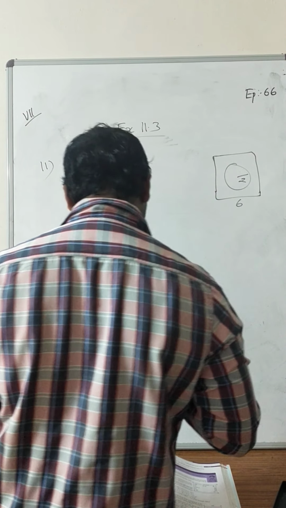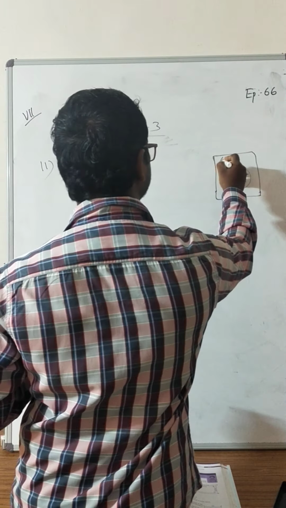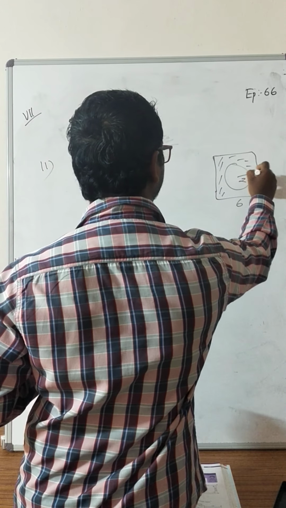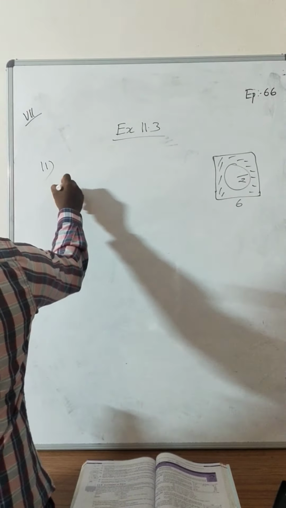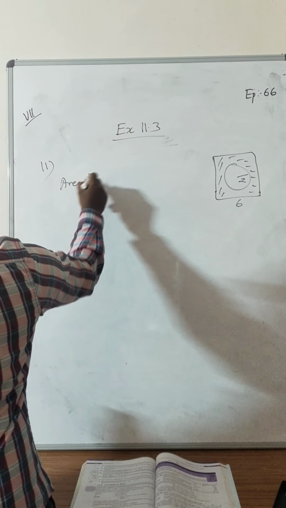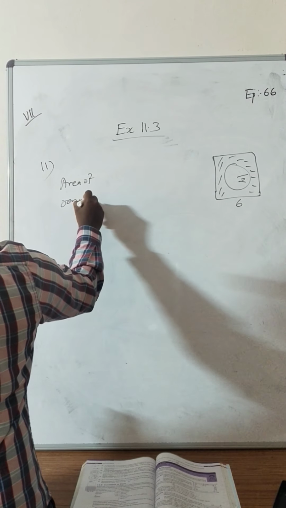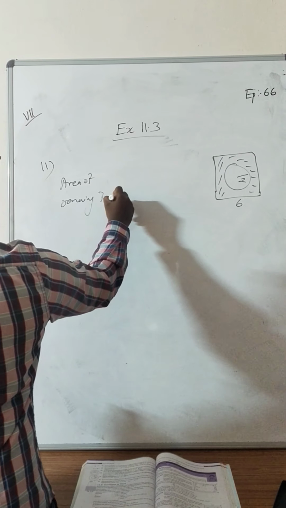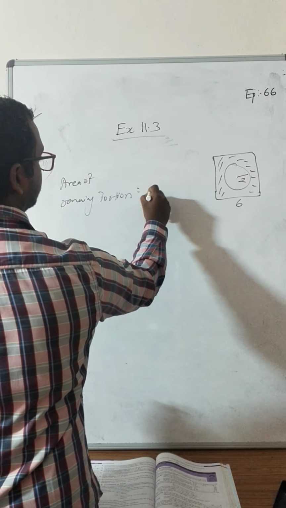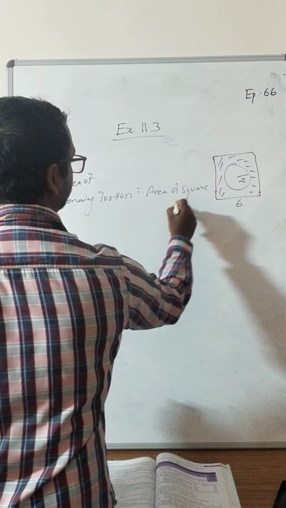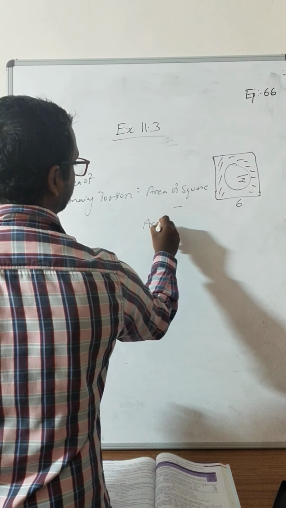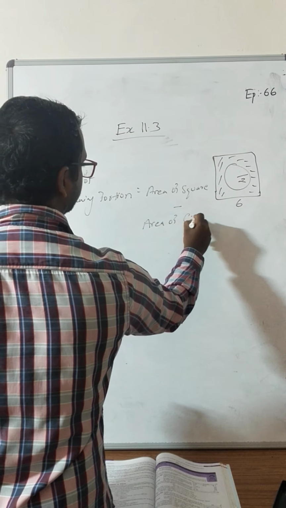Now the question is, what is the area that is left out? We have to find this area after the circle is cut and removed. Okay. So the area of the remaining portion is equal to the area of the square minus the area of the circle.